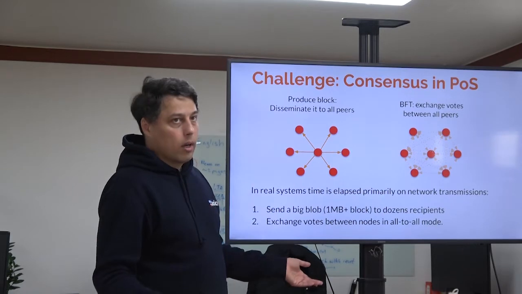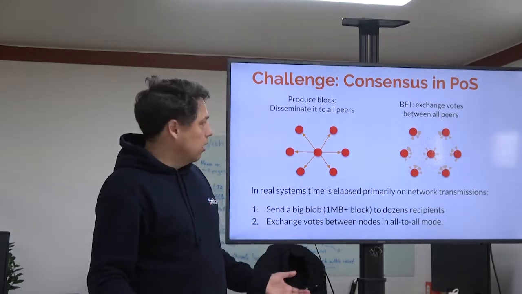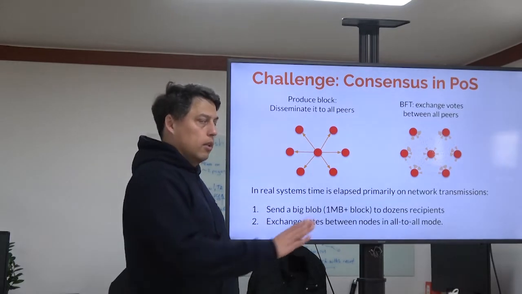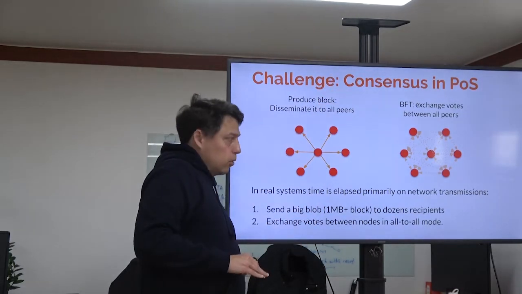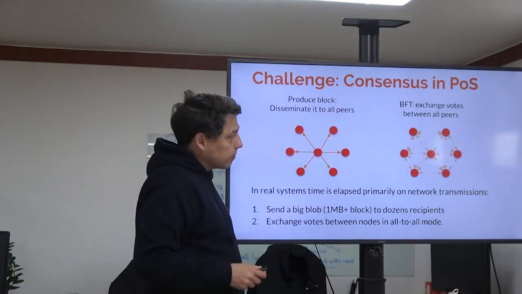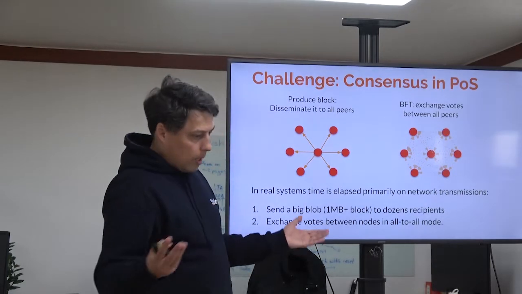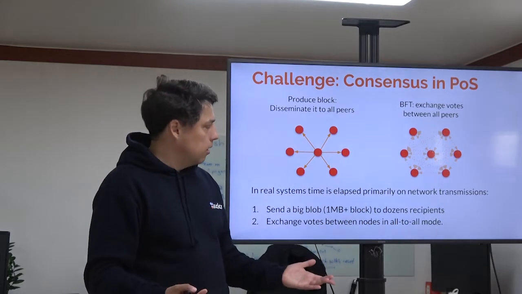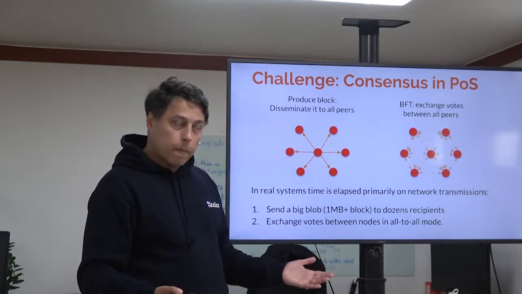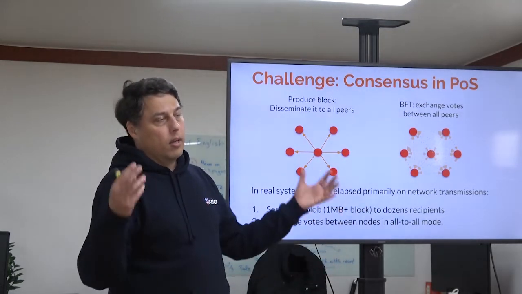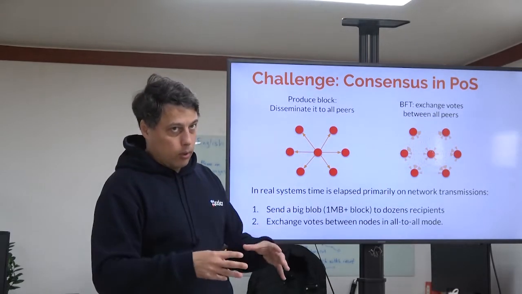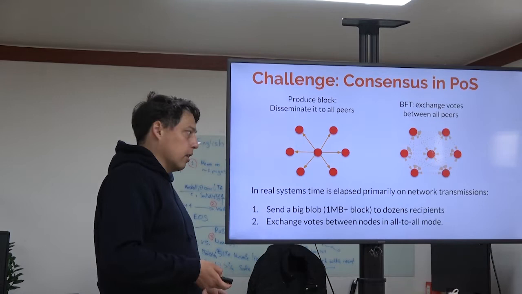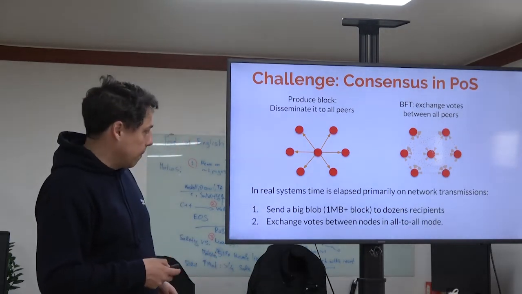The more nodes you have, the more communication it takes, and it grows like a square, rather fast. The more nodes we have, the more trusted our consensus is, but the more nodes we have, the more the network is loaded. So this is the kind of problem that we are addressing in our design.